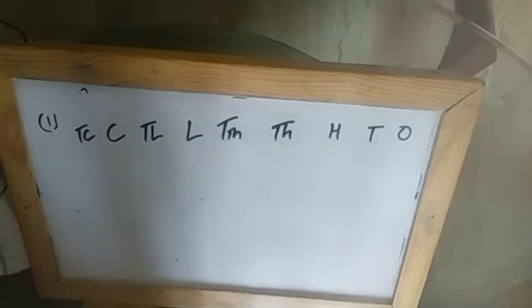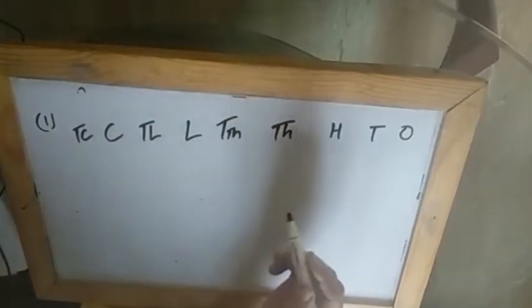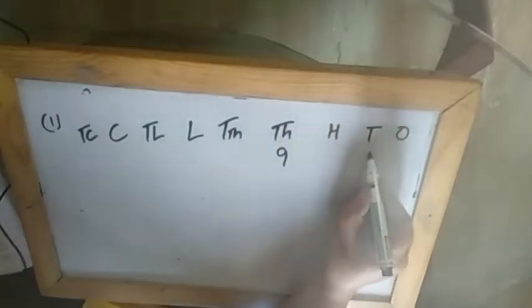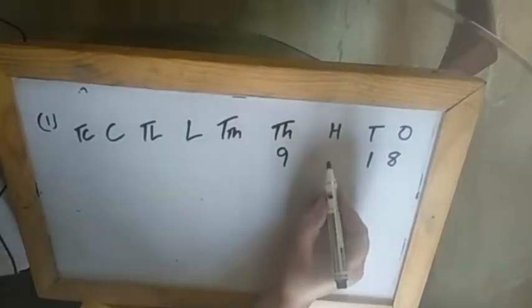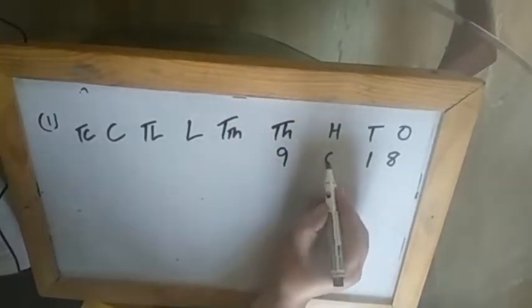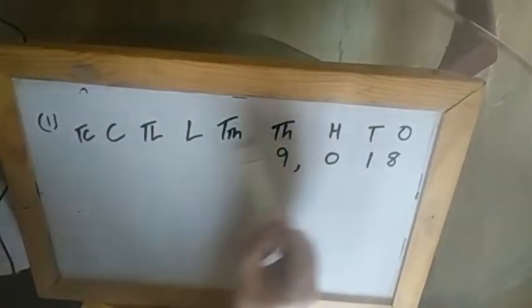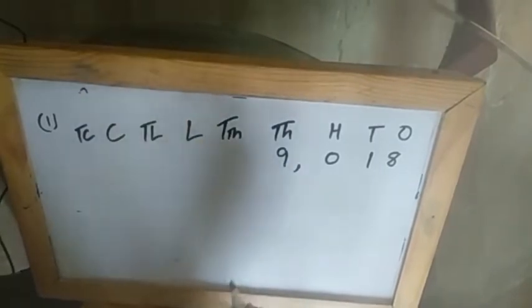It says you have to write a numeral for 9018. So 9 I'll put under 1000 and 18 will come on the last two places. There is nothing for the hundreds place, so you put a 0 over there. So this is how you write 9018. So it's always better to write the place values first and then you form the number.